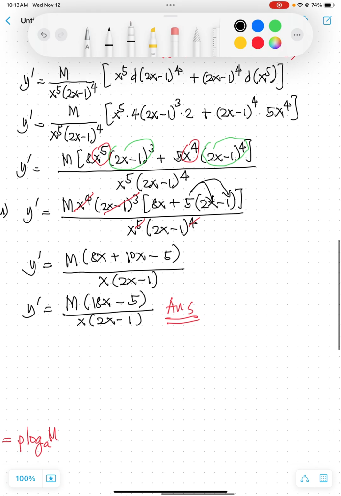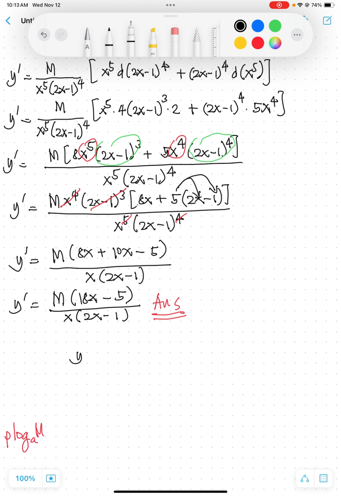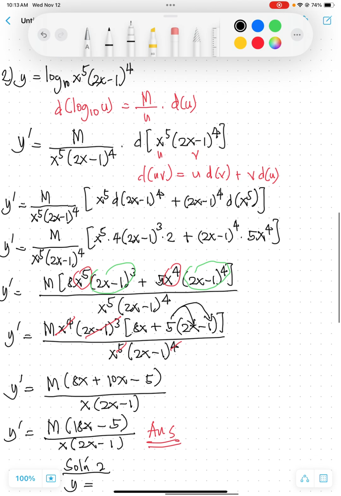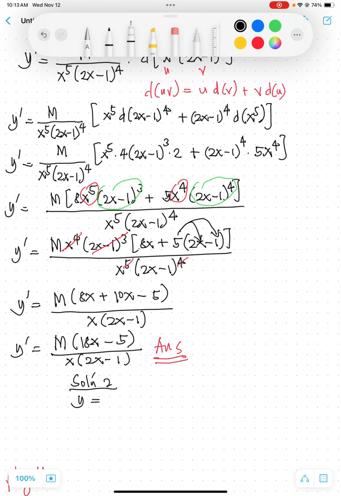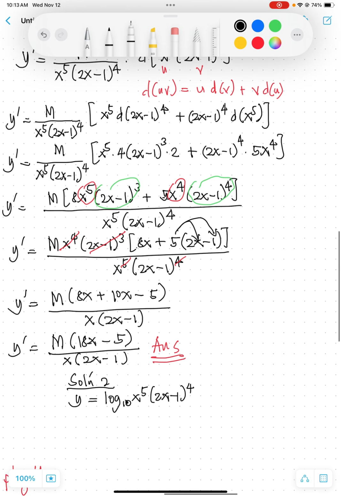Our problem, y equals log to the base 10 of x raised to 5 times 2x minus 1 raised to 4.